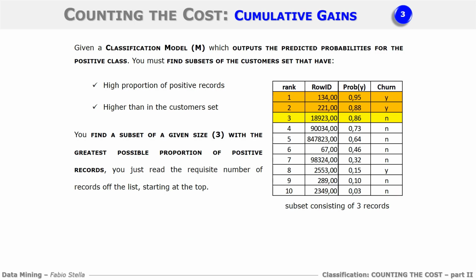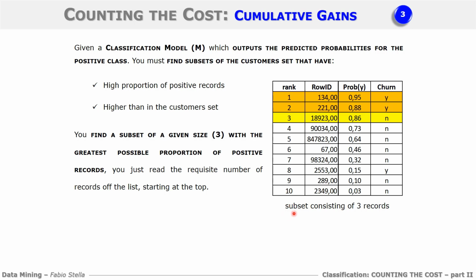Now you can compute the lift associated with this subset selection obtained by applying the classification model capital M to the customer set consisting of 10 records. In particular, in this subset consisting of 3 records, 2 of these records are indeed churners, while the third one is not a churner.